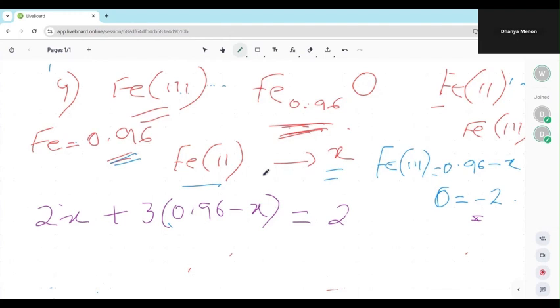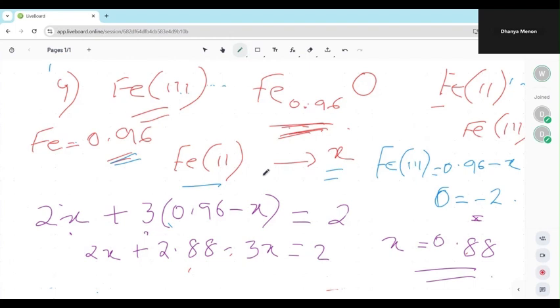So iron 2 has X amount, iron 3 has 0.96 minus X. It is equal to the charge of oxygen. Now, when we solve this, it comes to 2x plus 2.88 minus 3x is equal to 2. And x, when you solve, comes to 0.88.